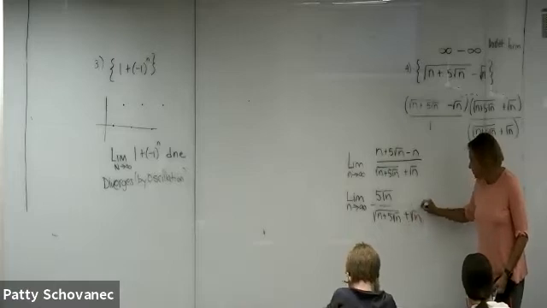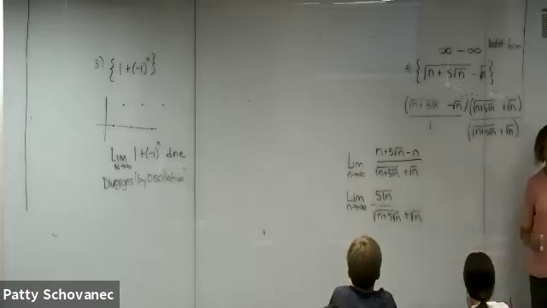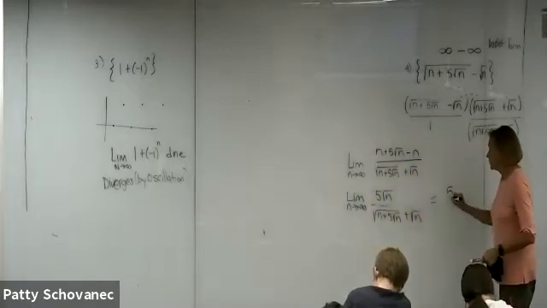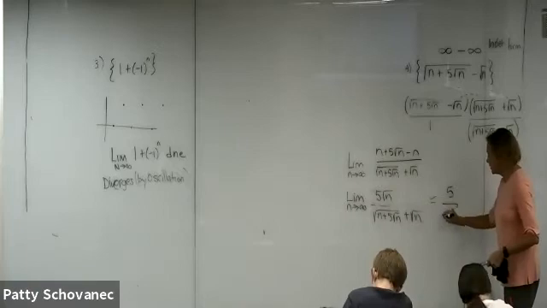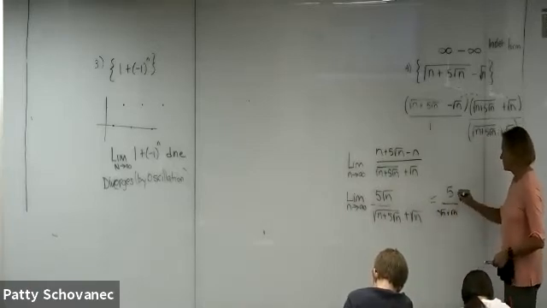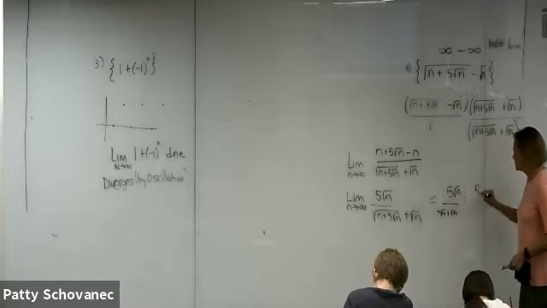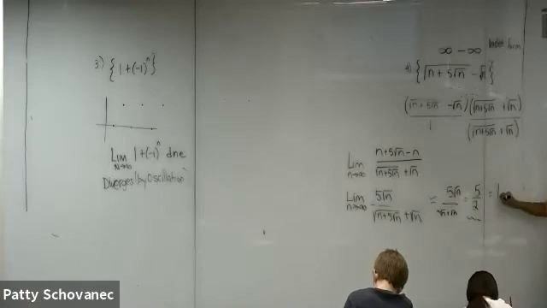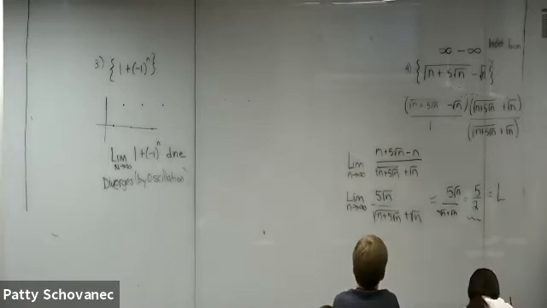But this one's a square root of n. So is it 5 over 2? Should be 5 over 2. The 5 from the top, square root of n plus the square root of n. So 5 over 2 is the limit. This one converges to 5/2, just as you thought it would.